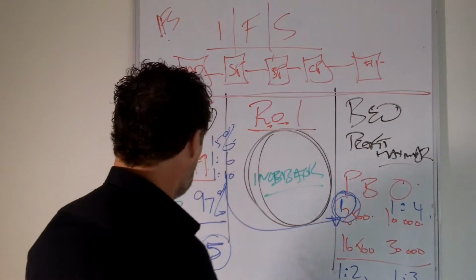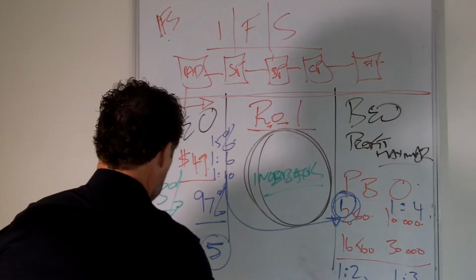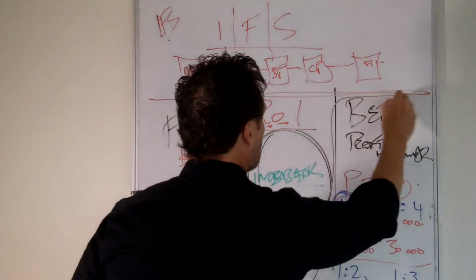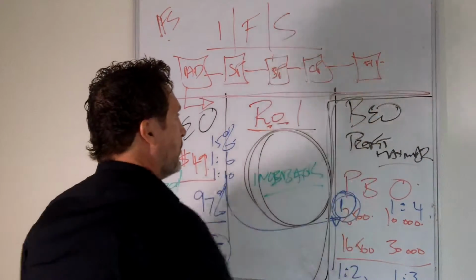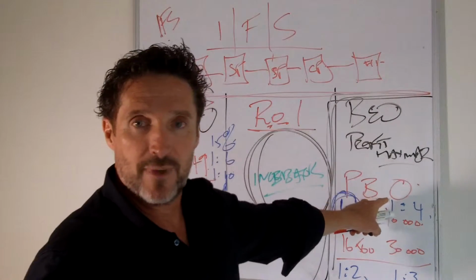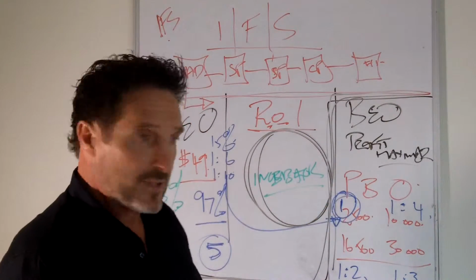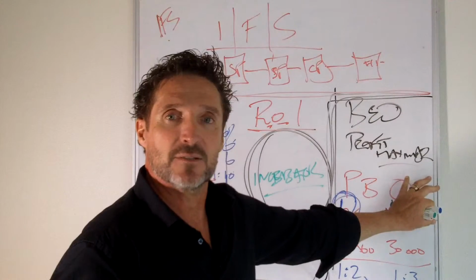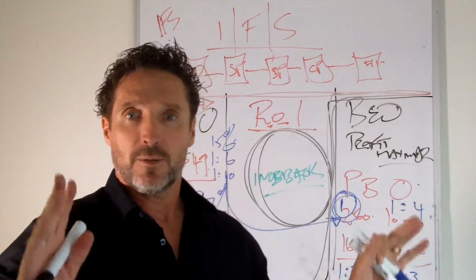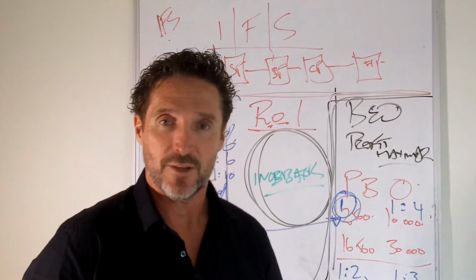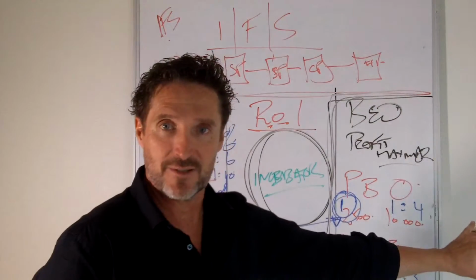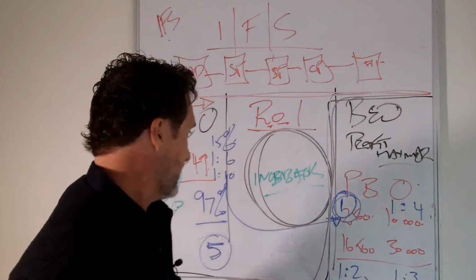So all of this sits outside of your profit maximizers. This is somebody else's business. This is some business opportunity company that you're associated with. That is not your business. This is your business.